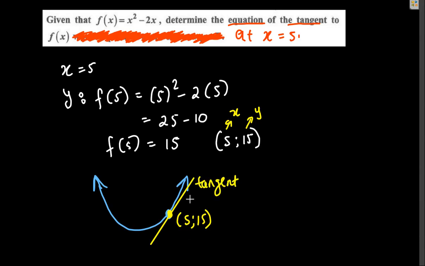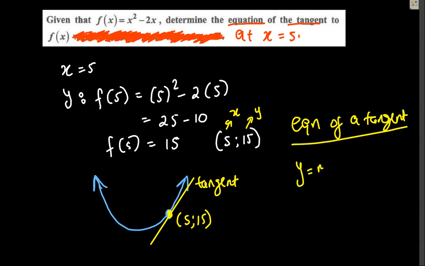So remember, our tangent is a straight line. How do we get the equation of a straight line? That's why we call it the equation of a tangent, because our tangent is a straight line. So to get its equation, we're going to say y is equal to mx plus c. But now the question becomes, what is the gradient of our tangent line?